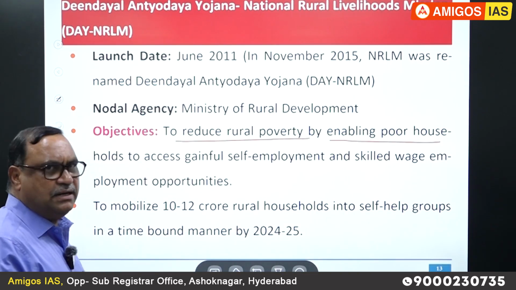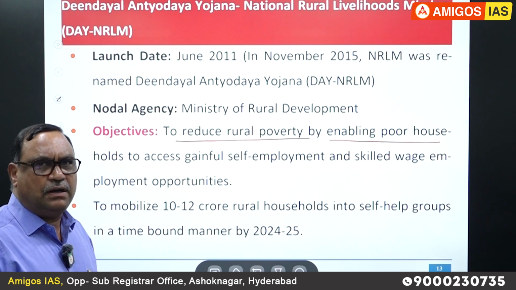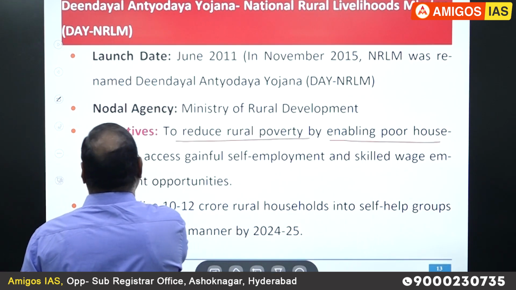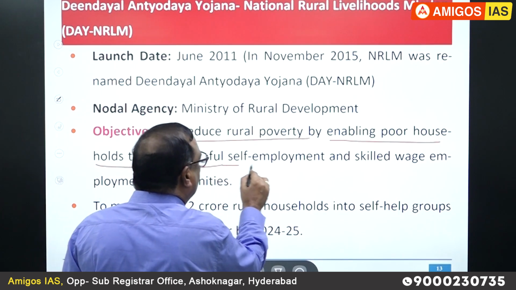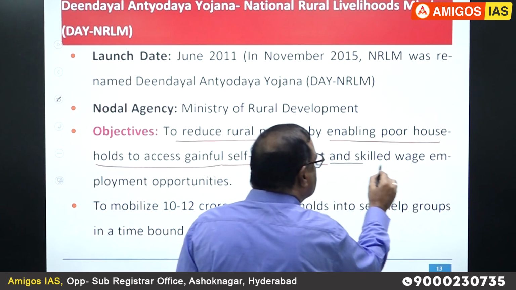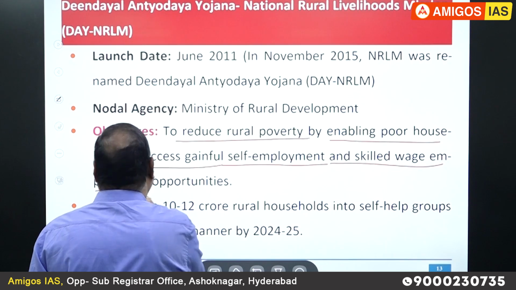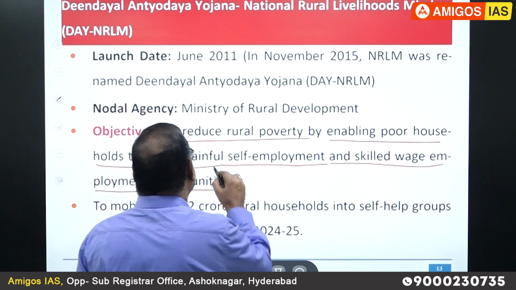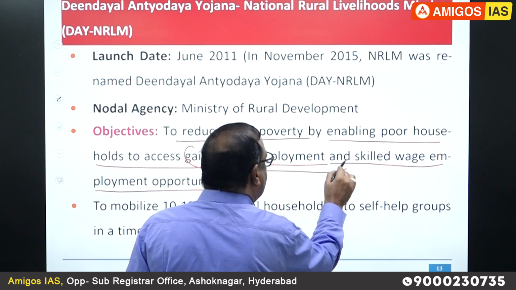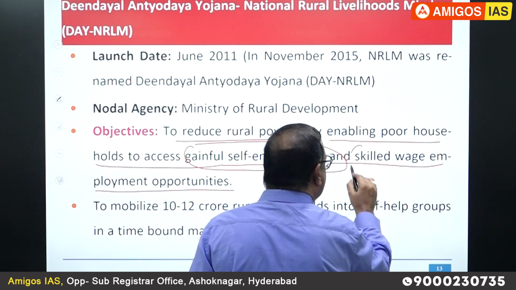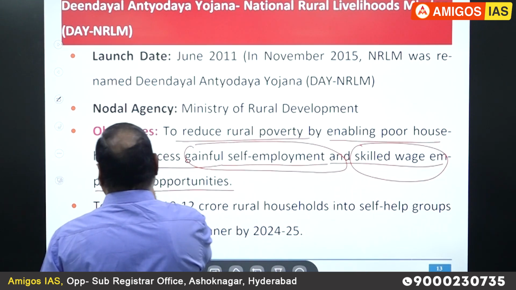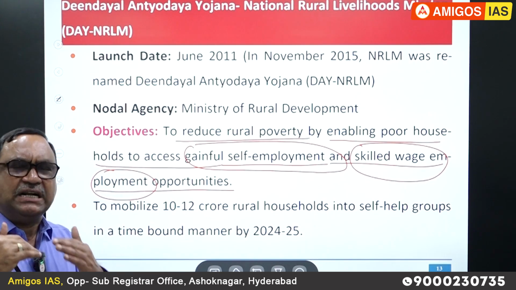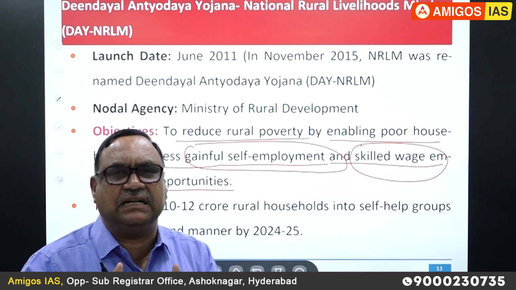So this poverty reduction has to be achieved by enabling poor households to access gainful self-employment and skilled wage employment opportunities. So the focus of this scheme would be on providing gainful self-employment or skilled wage employment. This is the major difference between MGNREGS and NRLM.